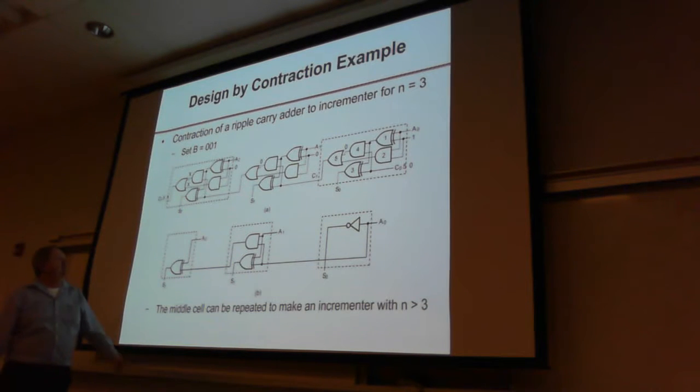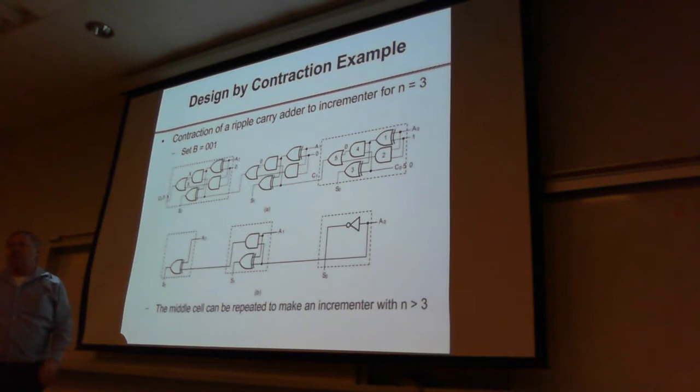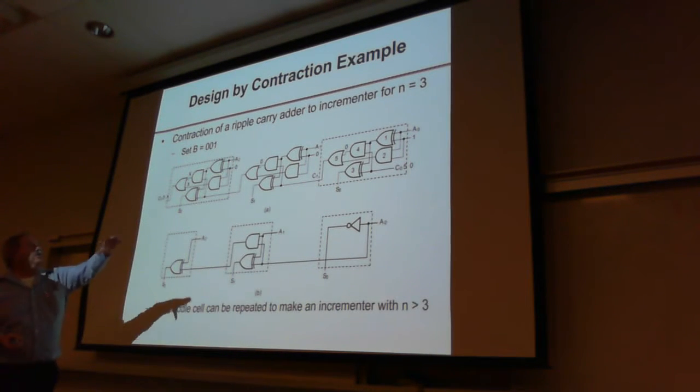All the smaller ones will be properly represented here. And look, 4 gates. I had 5 in the first bit. Significant cost savings. So that's the whole idea behind contraction.